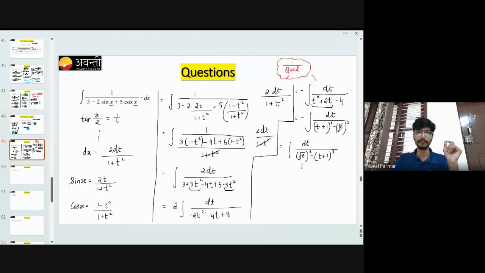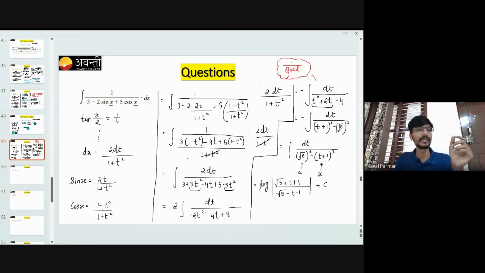So in place of a, this is root 5, and in place of x, it is t plus 1. So what was the answer? It was log of mod a plus x upon a minus x plus c.